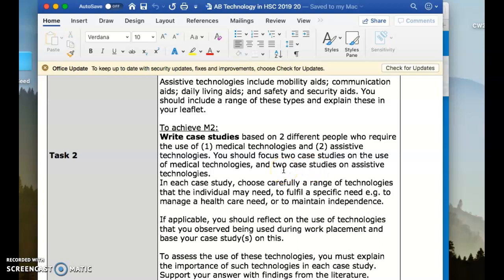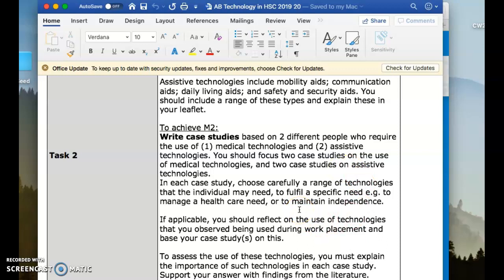So there will be 2 stories that you'll talk about, or 2 people who are using medical technologies. You'll tell me what those technologies are, and you'll tell me why they are using them. And then you'll have 2 more case studies, again on 2 different people, on assistive technologies, and again you'll tell me what assistive technologies they are using, why they're using it, what's the value of using these assistive technologies.